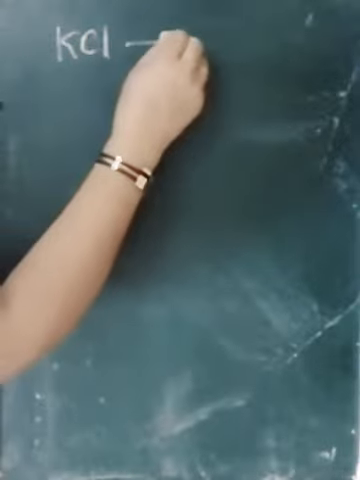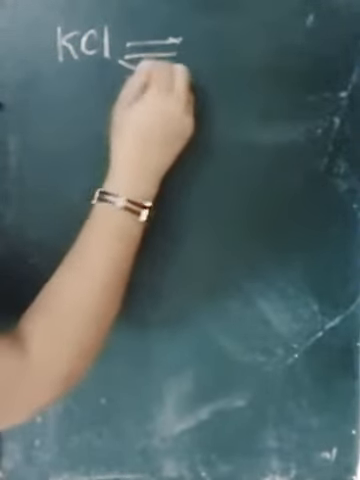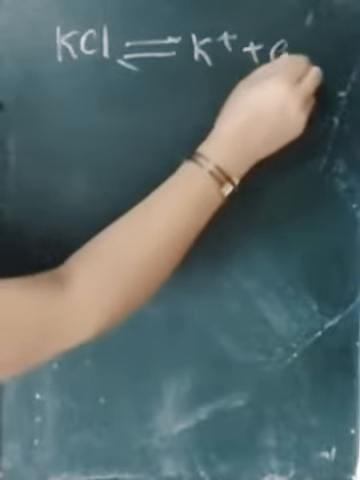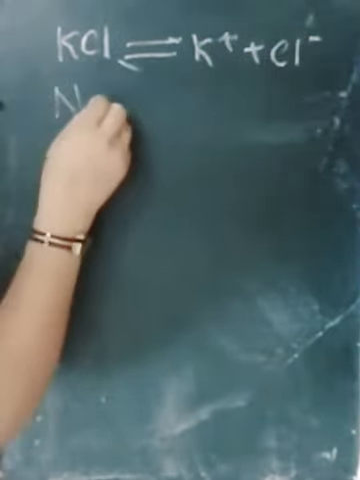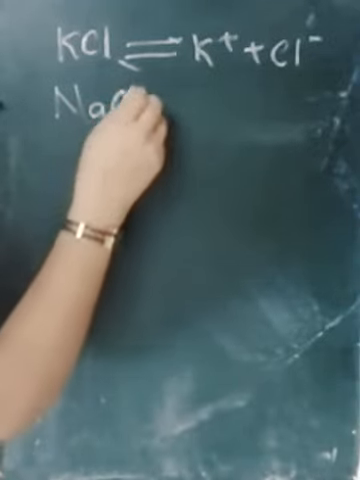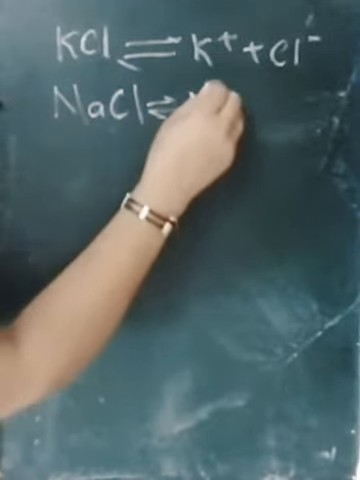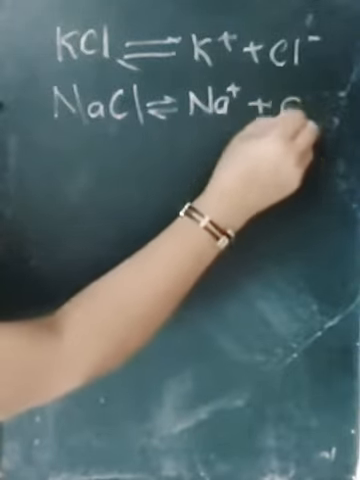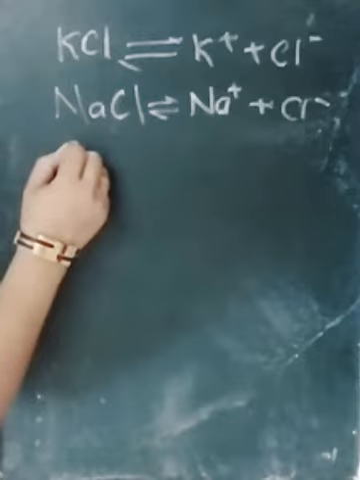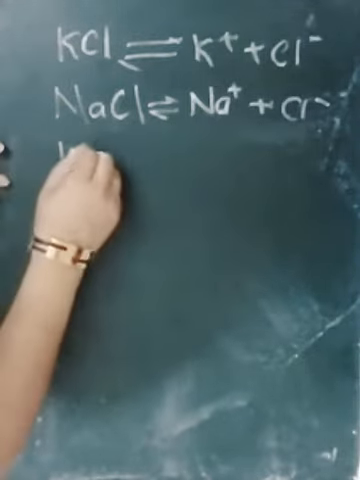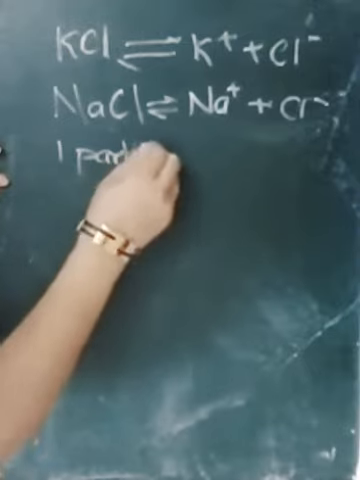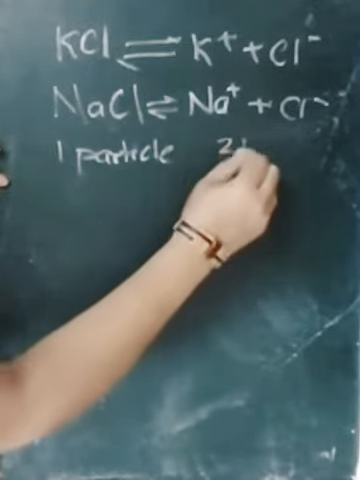For example, we have KCl or NaCl. KCl breaks into K positive plus Cl negative. If I take normal common salt NaCl, it breaks into Na positive plus Cl negative. So in both cases the number of particles has doubled. Here the number of particles is 1 and here the number of particles is 2.